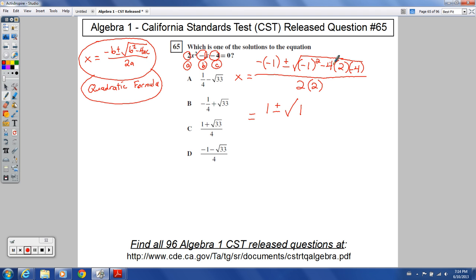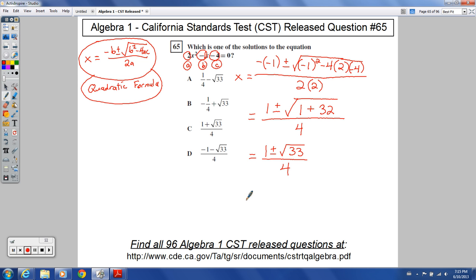Then negative times positive times a negative becomes positive. 4 times 2 is 8, and 8 times 4 is 32. So I have 1 plus or minus the square root of 1 plus 32 under the radical, all over 4. This simplifies under the radical to just 33. So I have 1 plus or minus the square root of 33 over 4.